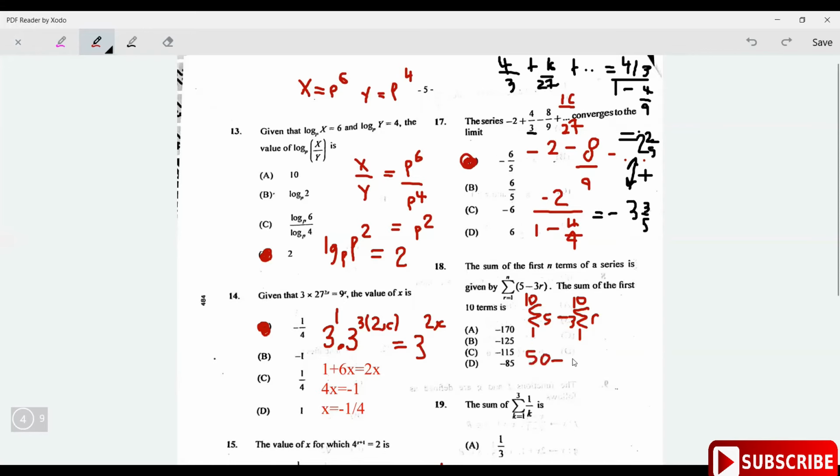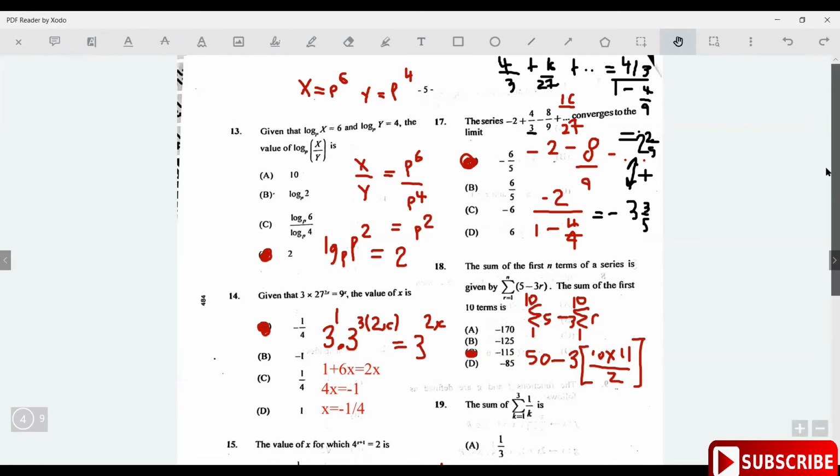So that's 50 minus 3 times the sum from 1 to 10 of r, which is 10 times 11 over 2. And that's how we do that question. So you go ahead and put that in a calculator. 50 minus 3 times 10 times 11 divided by 2 gives negative 150. Easy question. Solved. Moving right along.